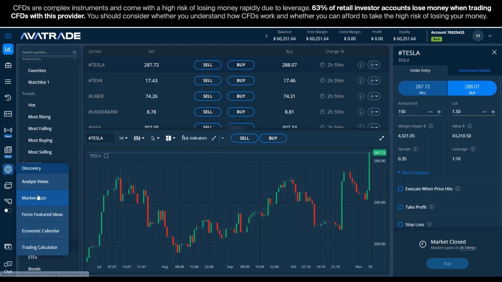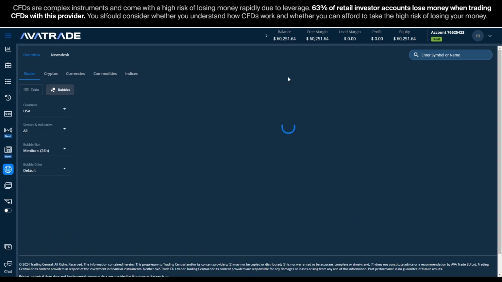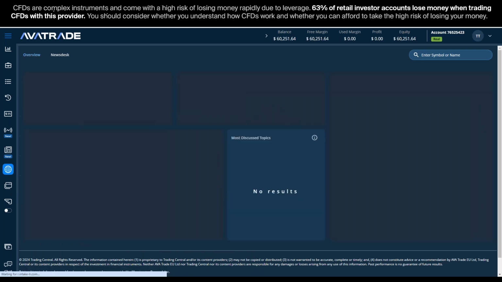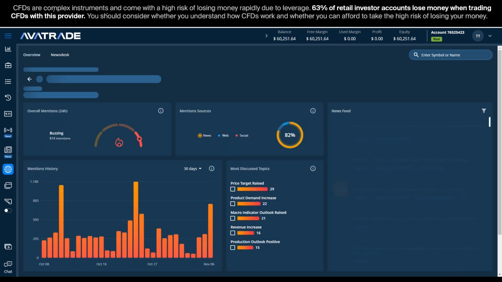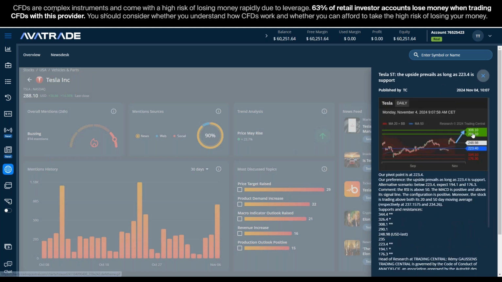So we'll go to the market buzz because I don't remember the exact price that signal said the rise was expected to go to. So let's go back and pull up Tesla and look at the trend analysis. Okay, and the upper end of that was 308, 290 to 308. Let's remember that number.